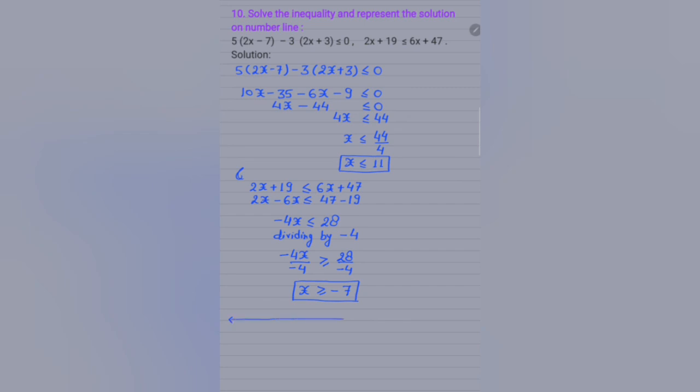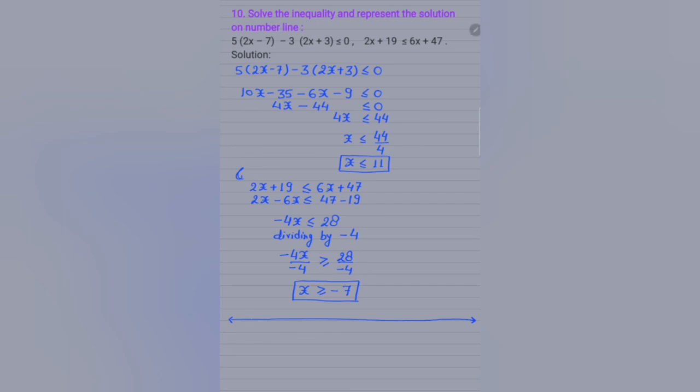the number line must contain the numbers plus 11 and minus 7. Since the sign of inequality is less than equal to and greater than equal to, and we know for less than equal to and greater than equal to we mark the dark circle on the number line.